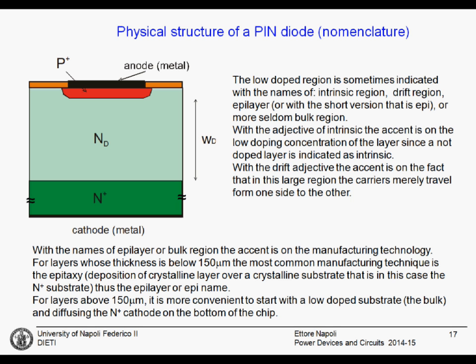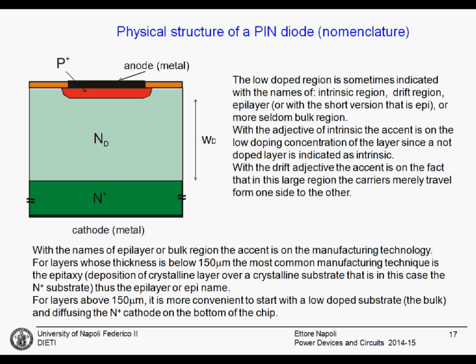On the other hand, when we say epi layer or bulk, we are referring to the manufacturing technique. You should have studied, or you remember, that there are mainly two techniques to have this low doped wide region. The first one is the epitaxy. That is actually the deposition of a crystalline layer over another crystalline layer.